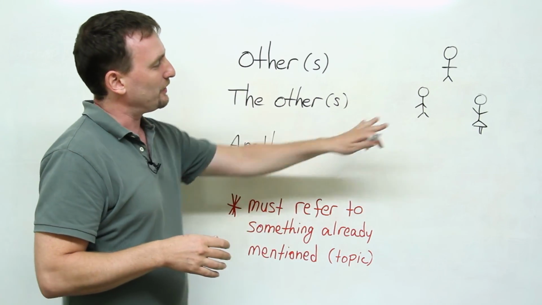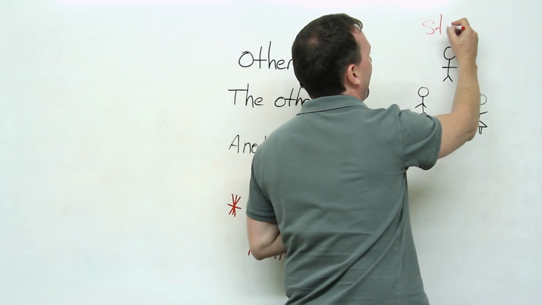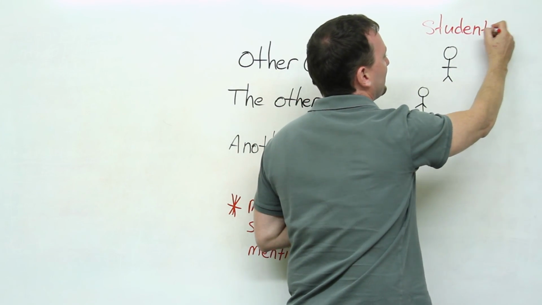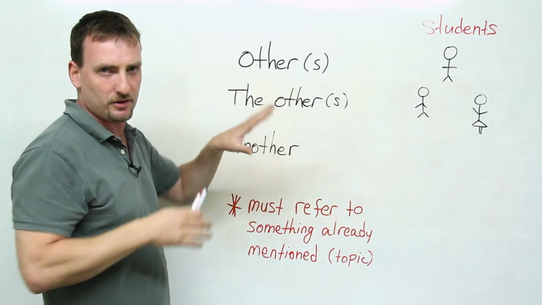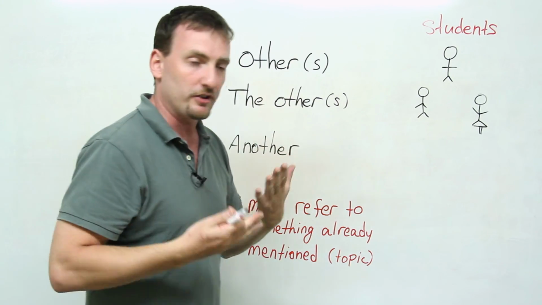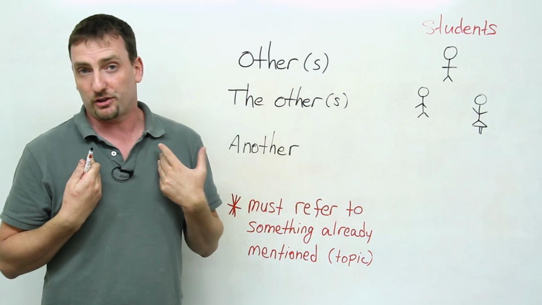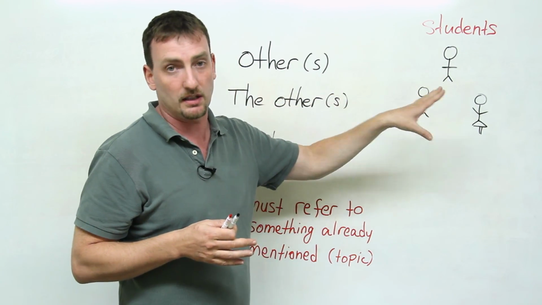Good. So here are my pretty little students. We're going to look at my students, okay? And we're going to apply all these words to any situation where they can be used, okay? So, for example, I work in a school. I have my class. It's a small class.